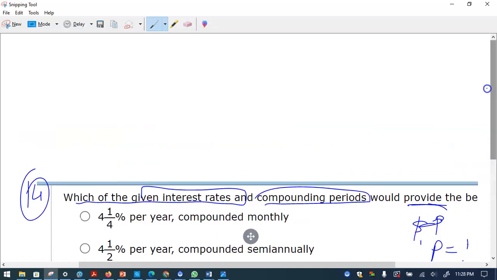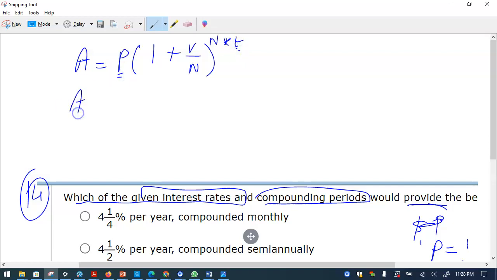The formula is A, the matured money, equals the principal amount, whatever you have, times 1 plus the rate R divided by how many times you compound in a year, N, raised to N times T. So I took the principal as 1 and T also is 1. So your formula reduces to 1 plus R over N, raised to N.